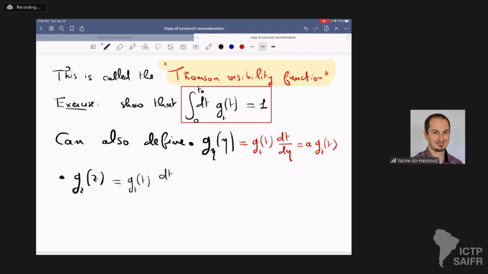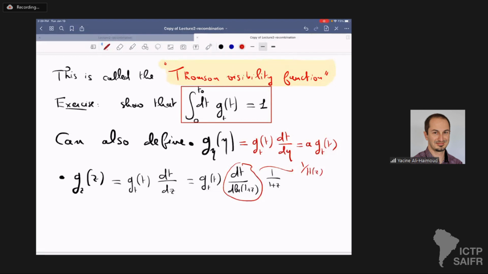So here we're going to have dt over dz. And so this is g_t(t) times dt over d log(1+z) times d log(1+z) over dz. And why did I write it this way? Because this is just 1 over the Hubble rate.